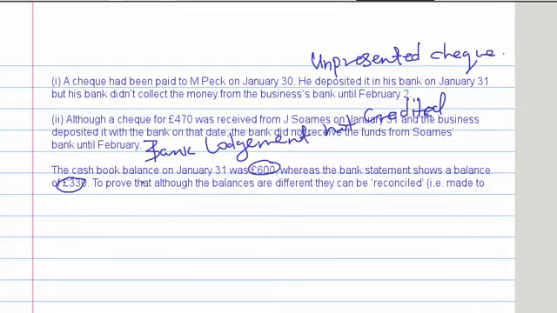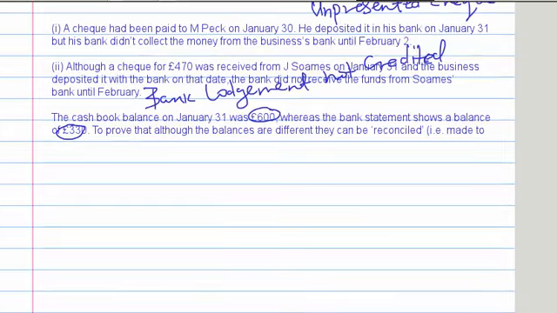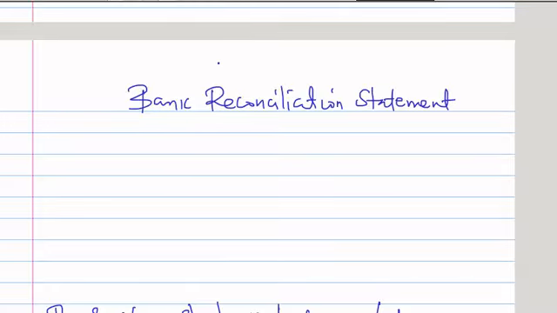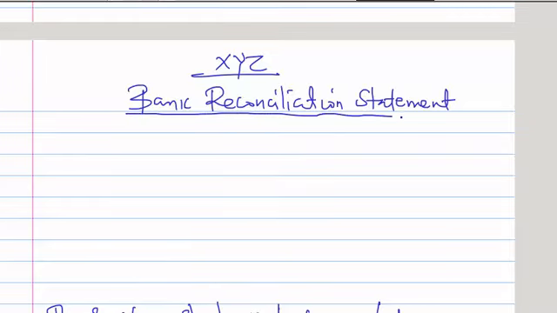So all those transactions are causing this difference, a situation where you have 600 in your cash book and 330 in your bank statement. So to reconcile that, of course, you name the company. I'm going to presume that company is XYZ Limited. You could start with either the bank balance and then make adjustments until you find the cash book balance, or you could start with the cash book balance, which is what I would do.